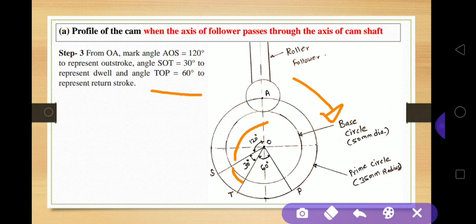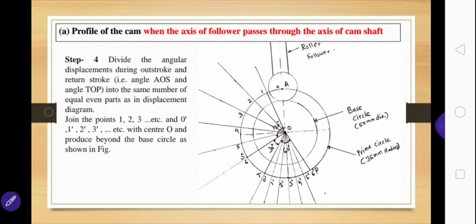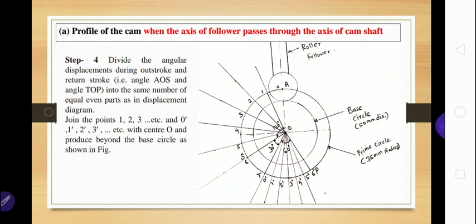Next angle, given during the return stroke, that is TOP, is 60 degrees. Draw this angle after that. So in the third step we have drawn all the angles. Next, divide this angular displacement during the outstroke and return stroke into the same number of equal parts as in the displacement diagram.